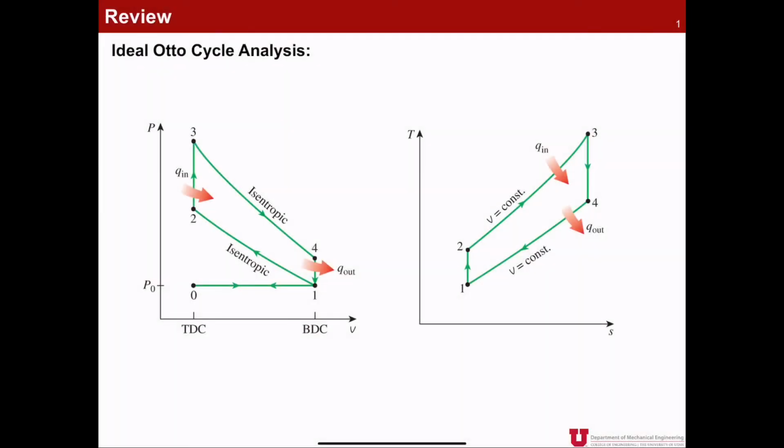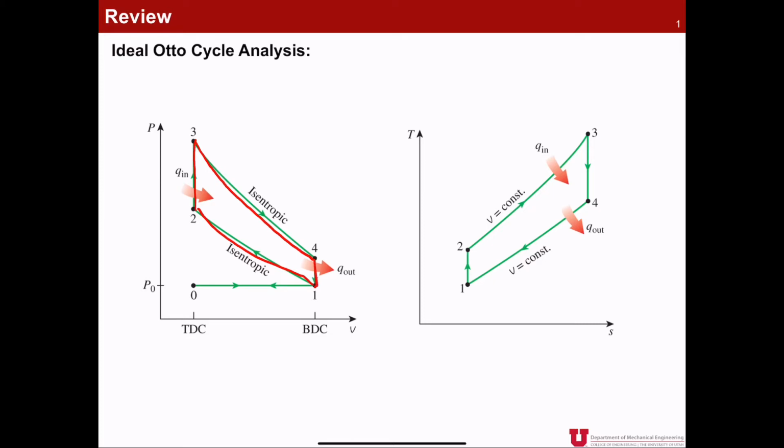Let's briefly review what we learned in the last lecture. In the last lecture, we learned about the ideal Otto cycle analysis. I hope that you should be able to draw the PV diagram and TS diagram for the ideal Otto cycle. As you look at this diagram, we have the isentropic compression, constant volume heat addition, isentropic expansion, and constant volume heat rejection process.